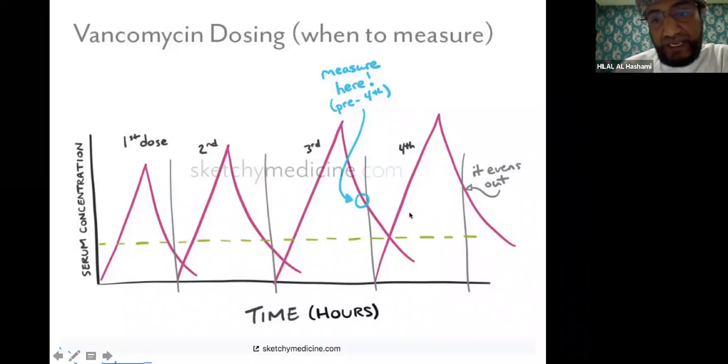So in children who are on QID, 6 hourly, you do it after the 3rd dose, half an hour before the 4th dose. At Royal Hospital, we have the vancomycin protocol for both neonates and children for when to do the monitoring and when to adjust the level.